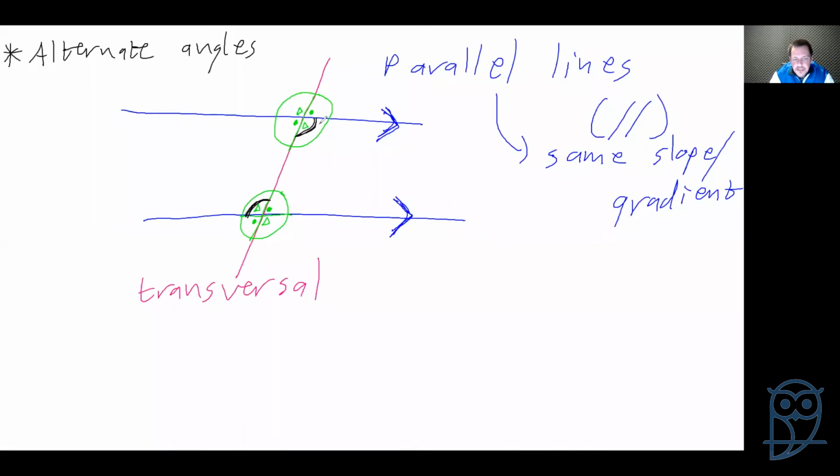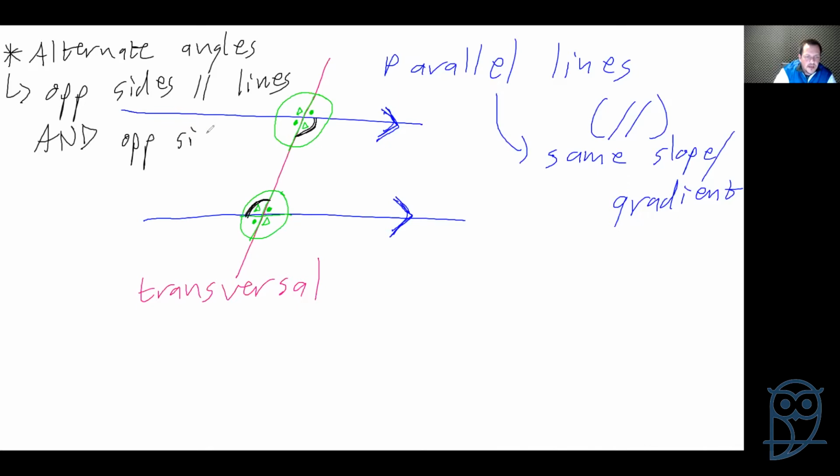Alternate angles is opposite sides of the parallel lines, opposite sides of the transversal. All right, so opposite sides of parallel lines and opposite sides of transversal.